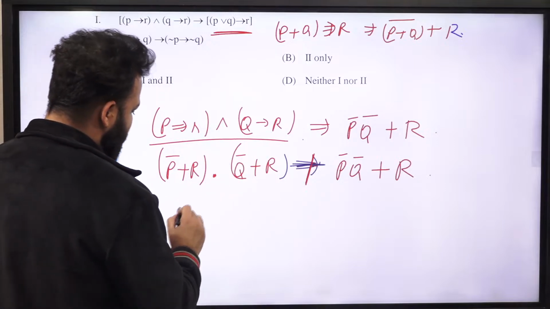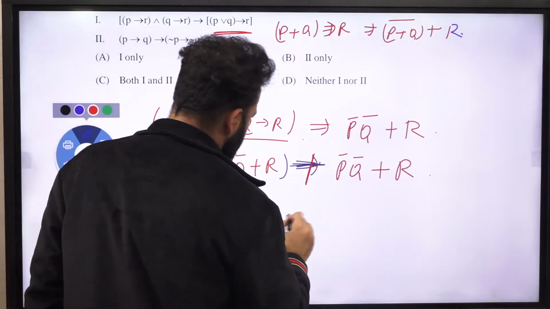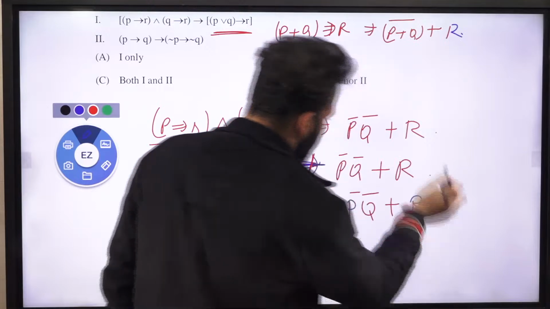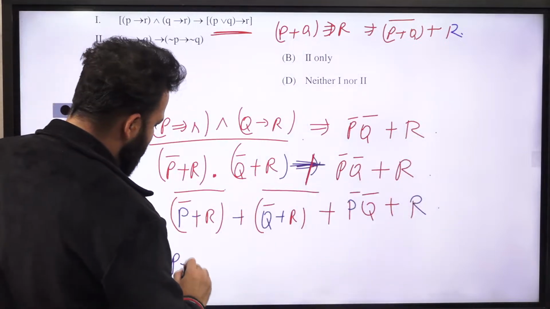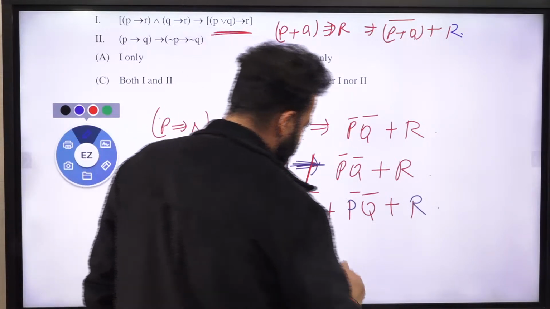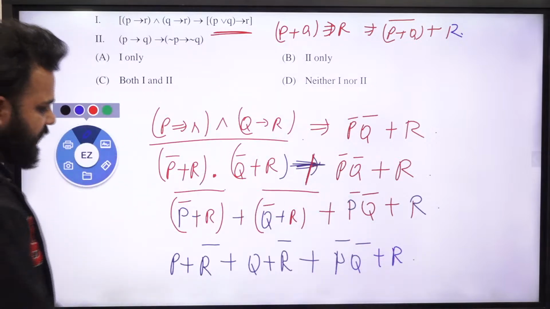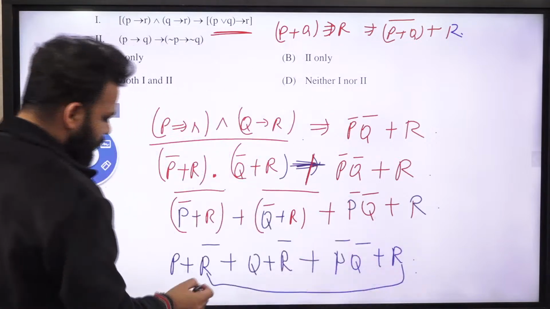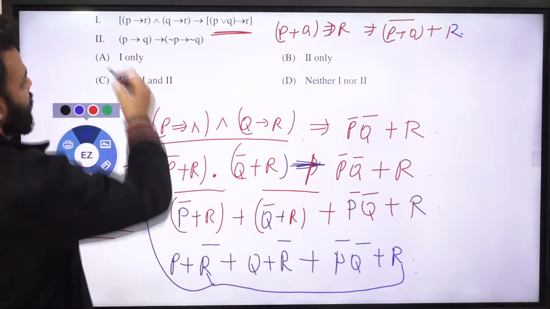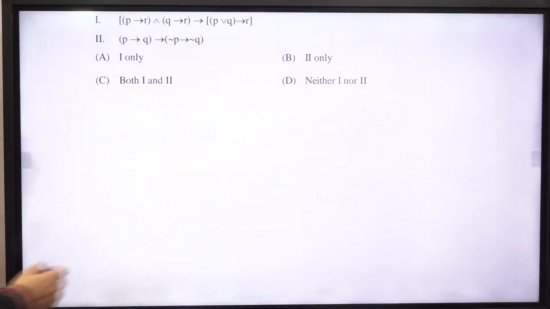And when you apply De Morgan's law, you will get P plus R bar plus Q plus R bar plus P bar Q bar plus R. Now here, if you see R plus R bar, you can reduce it to 1. And 1 plus anything in Boolean will give you 1. So it is always a tautology. So only 1 is tautology. After that, next question.